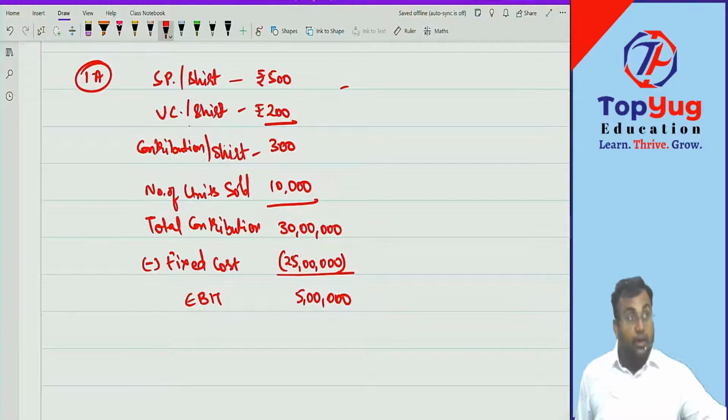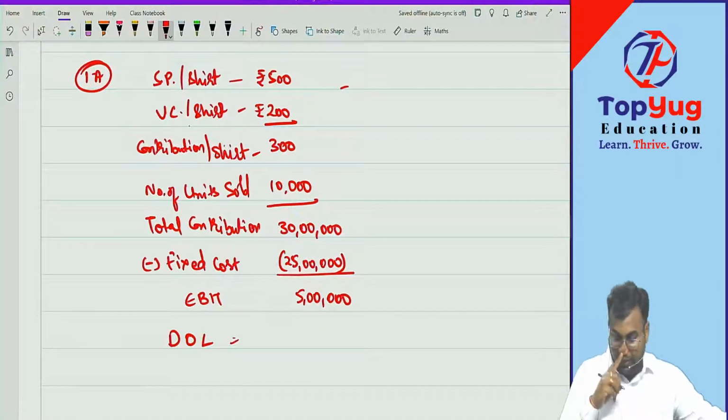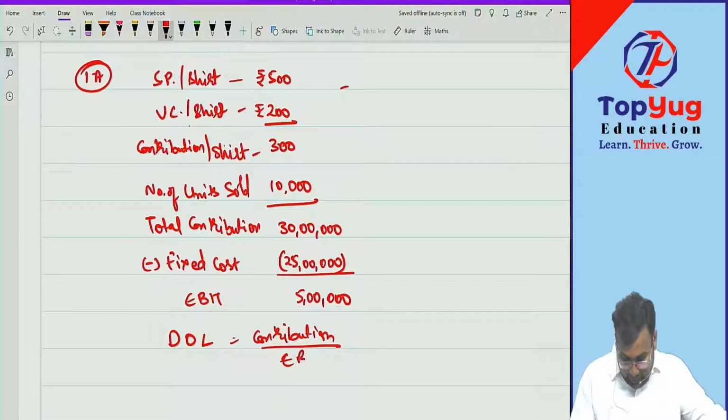Done. Now with this, can we calculate our degree of operating leverage? So what is degree of operating leverage? Contribution divided by EBIT. So how much is that?